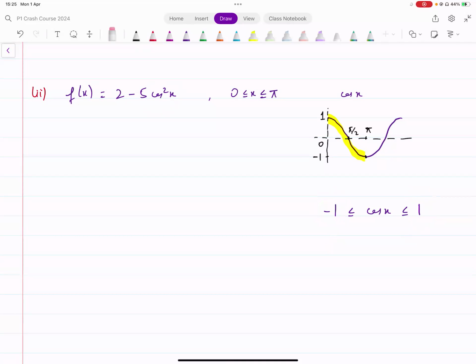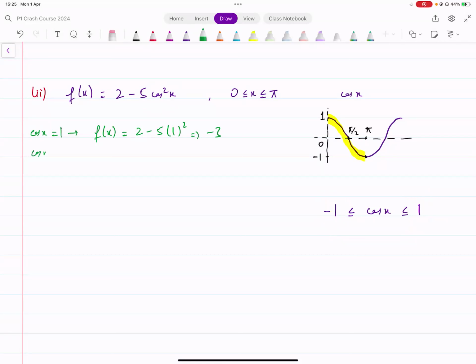Let's think about this. If I input cos x equal to 1, that gives me 2 minus 5 into 1 whole square, and that's minus 3.